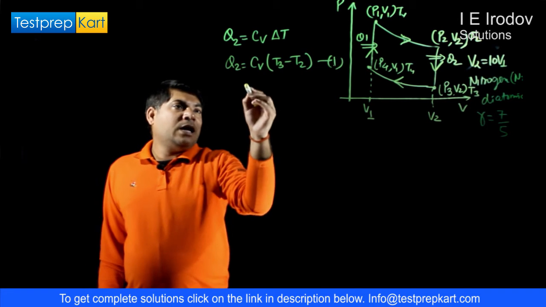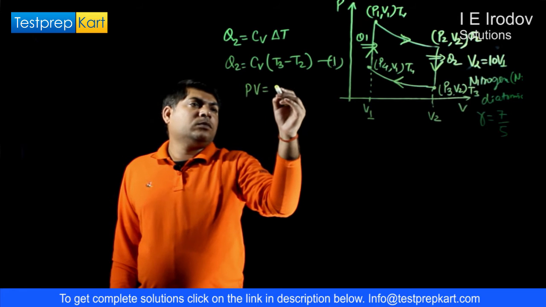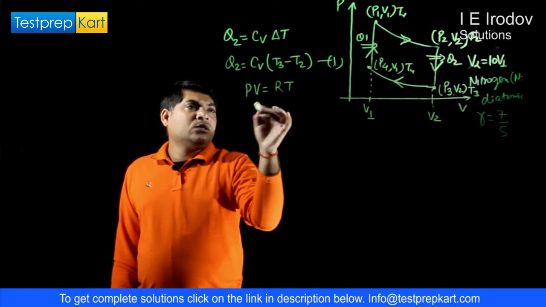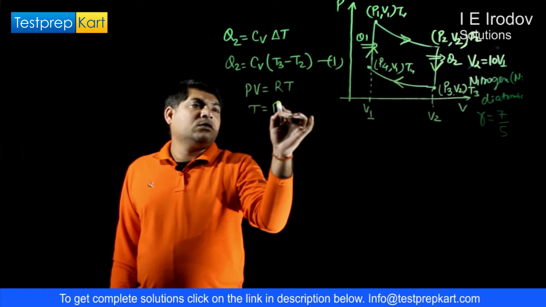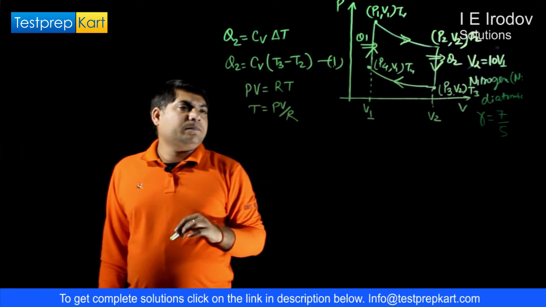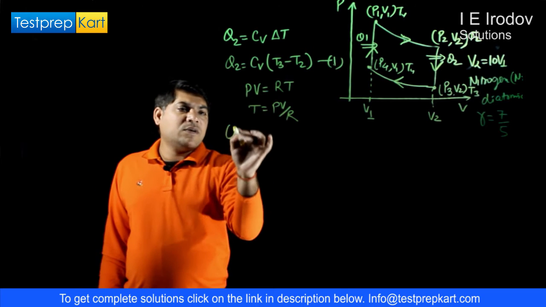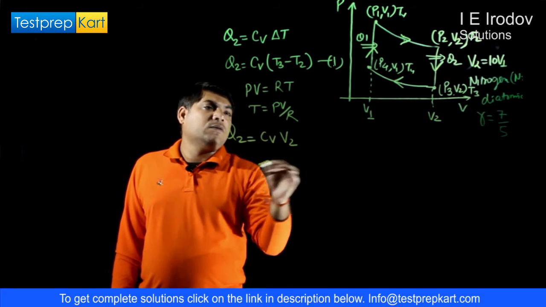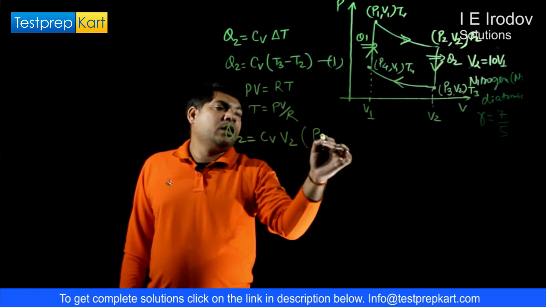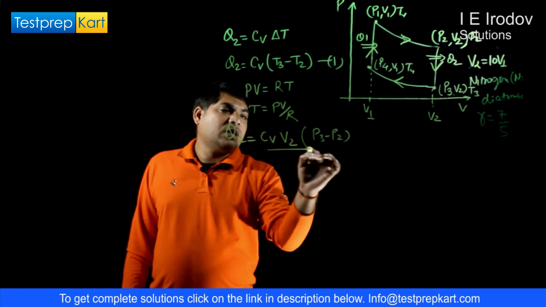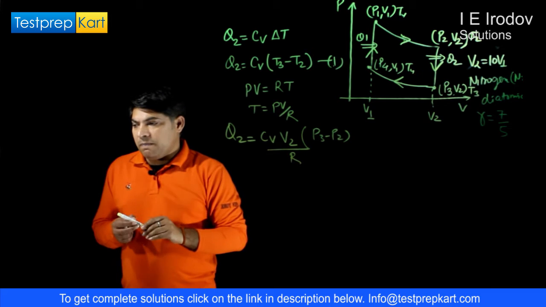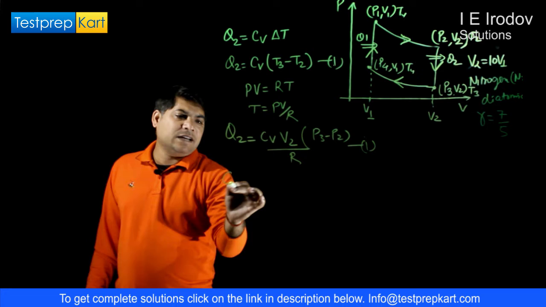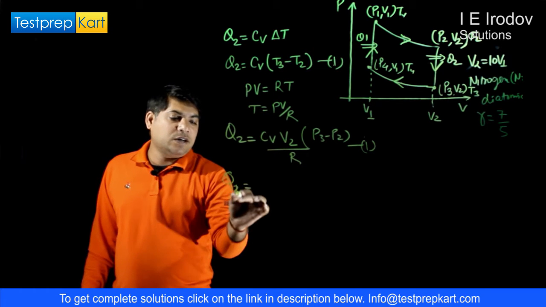As PV is equal to nRT, and for a single mole it is RT, so we can write T equals PV upon R. So Q2 can be written as CV into V2 into (P3 minus P2) over R. In a similar fashion we can calculate Q1.